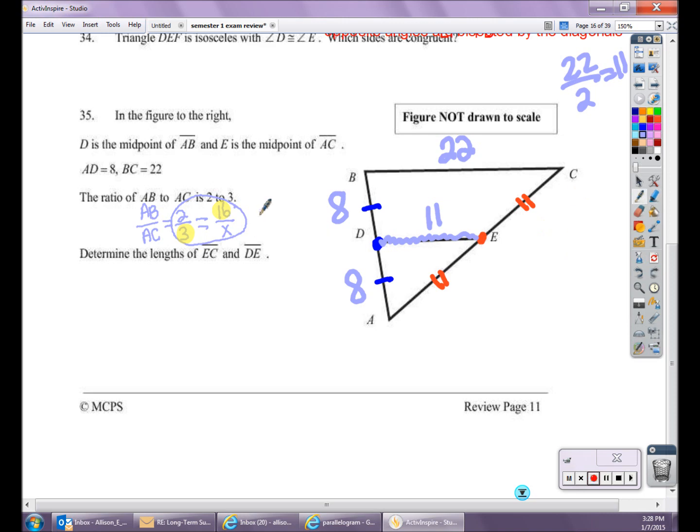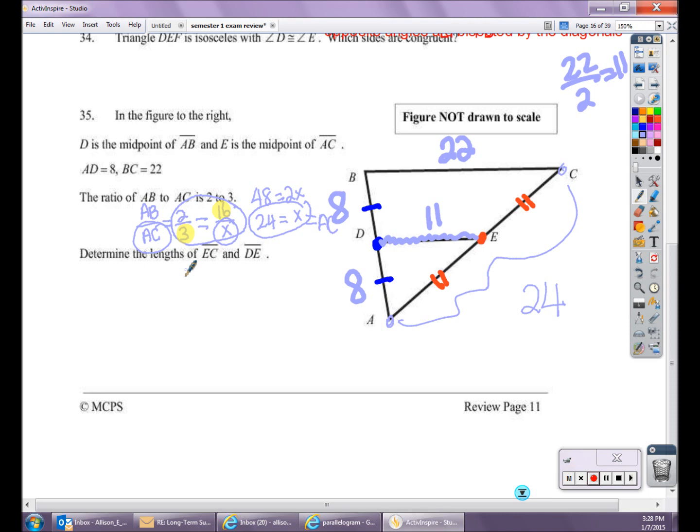So 16 times 3 is 48 equals 2x, divide both sides by 2, and you get 24 to be x. Remember, x is AC. So from here to here, you know that this is all 24.